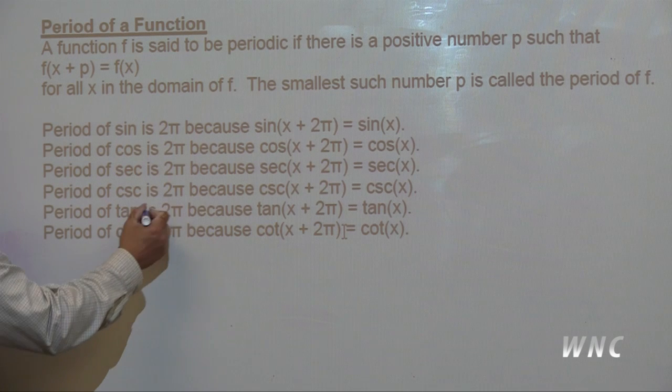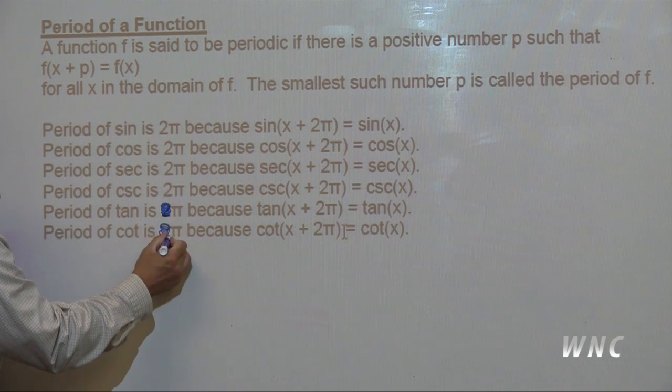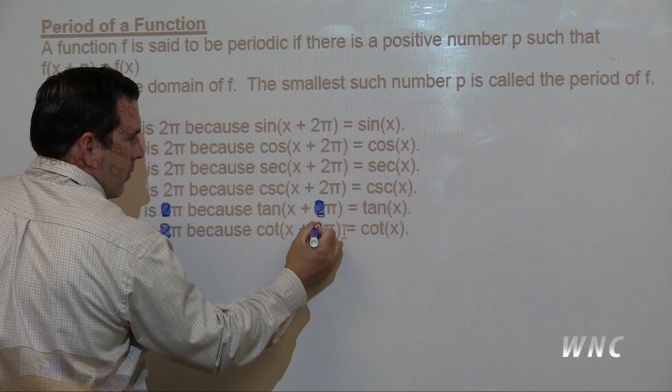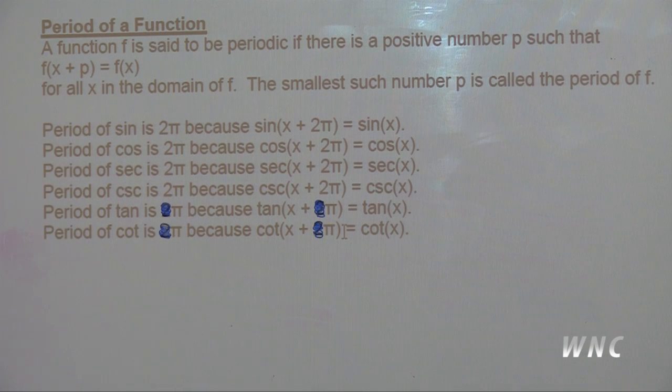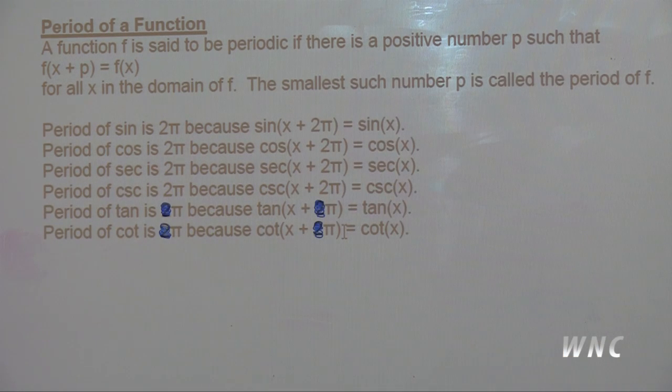The period of tangent is actually just pi, and for cotangent is just pi as well. So tangent and cotangent have a period of pi. Feel free to pause. I'm going to move on here.